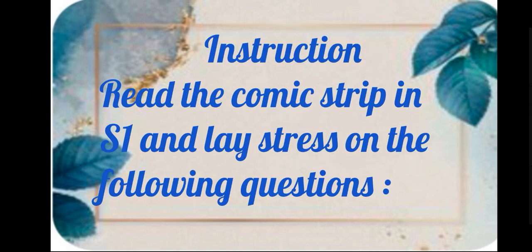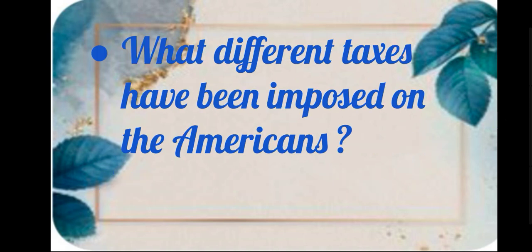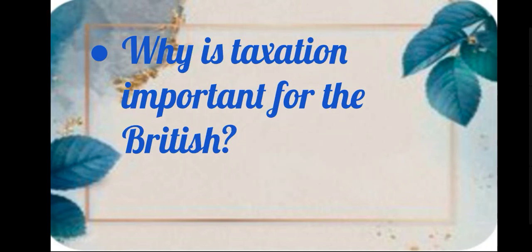Read the comic strip in worksheet S1 and lay stress on the following questions. While reading, you will try to get these answers. What different taxes have been imposed on the Americans? Next question, why is taxation important for the British?